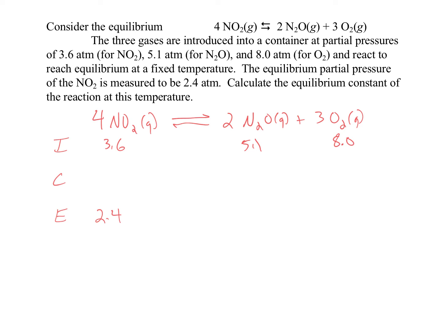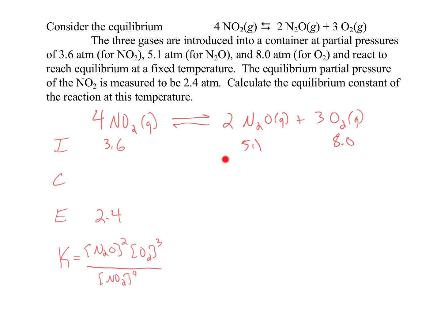Right now, they want to know the equilibrium constant, right? So the expression for the equilibrium constant is N2O squared times O2 cubed over NO2 to the 4th power. But in order to calculate the equilibrium constant, I need the equilibrium concentrations.